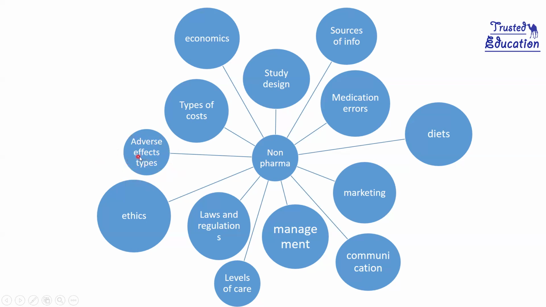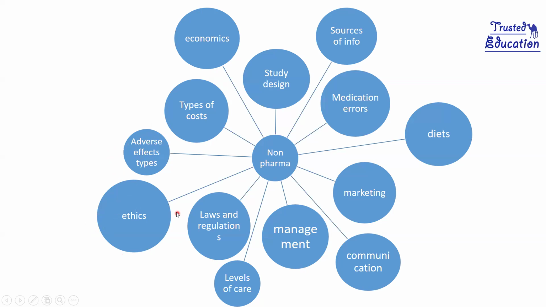For example, we have adverse effects that are related to higher doses of the drug. We have adverse effects which are related to genetic reasons that are related to the patient. So adverse effects have several types that we will know during the course.